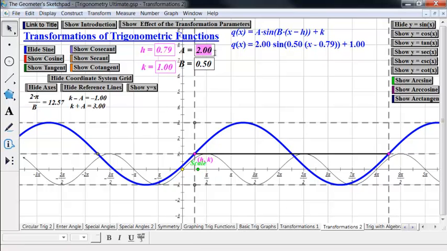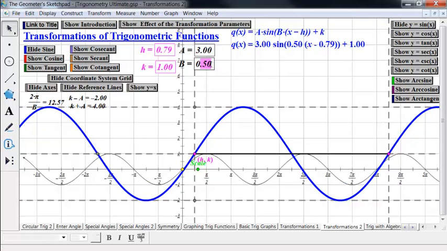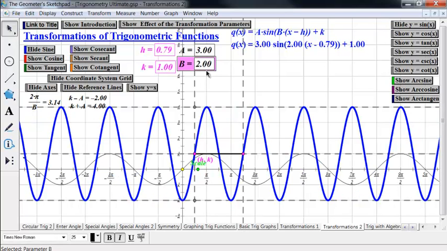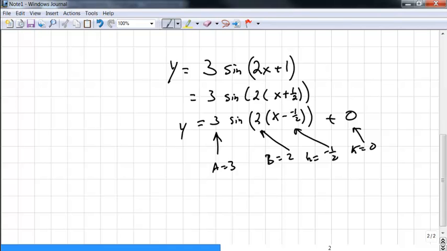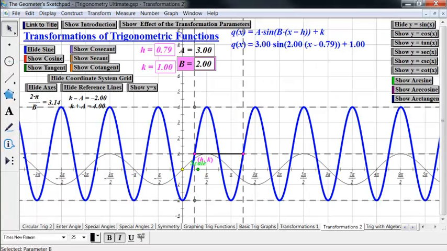So the amplitude is 3. B is 2, so it's going to be a shorter period than normal, half as much. So it's going to have a period of pi. And then what were h and k? Negative 1/2 and 0.